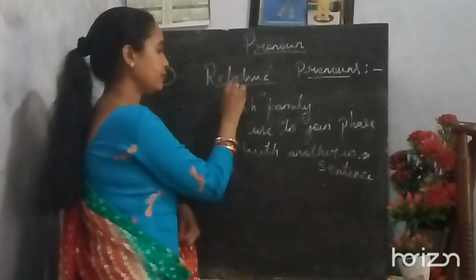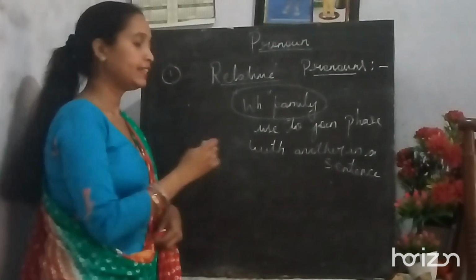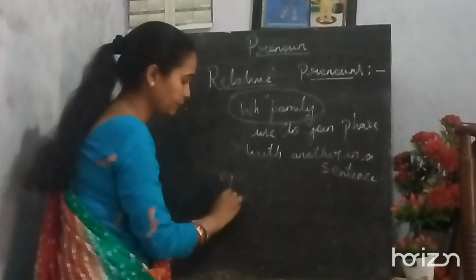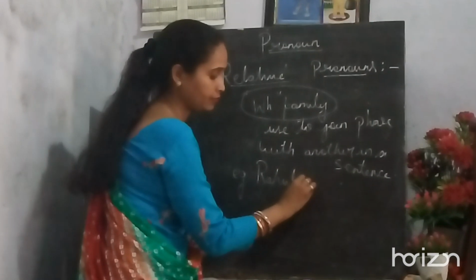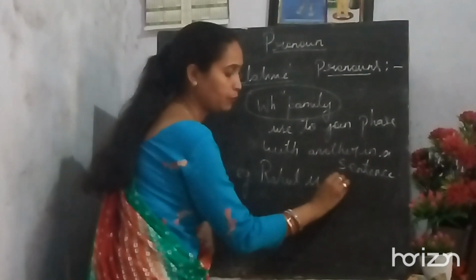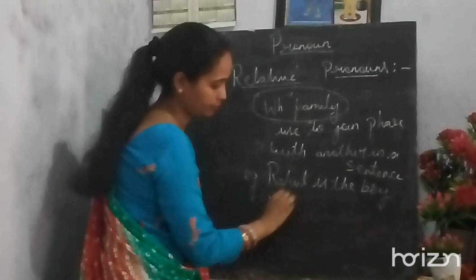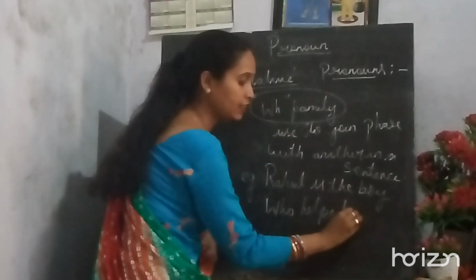The WH word is not there at the start of the sentence, it is there somewhere in between. For example, Rahul is the boy who helped me.